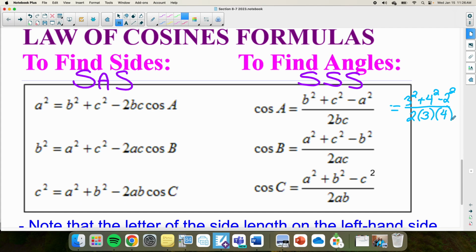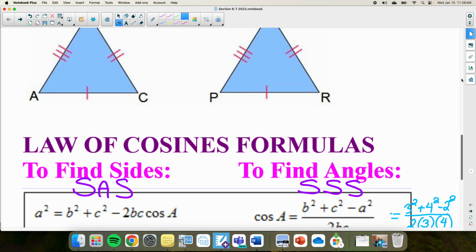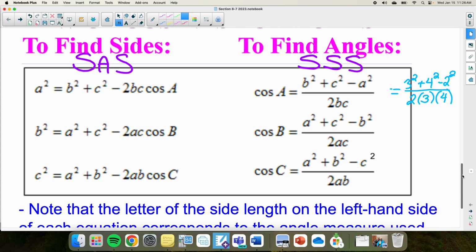This is how most kids would punch this into the calculator. You would do 3 squared plus 4 squared minus 2 squared, and then enter. And then you would probably divide by 2, and then times 3 times 4? That's probably what all of you would do.